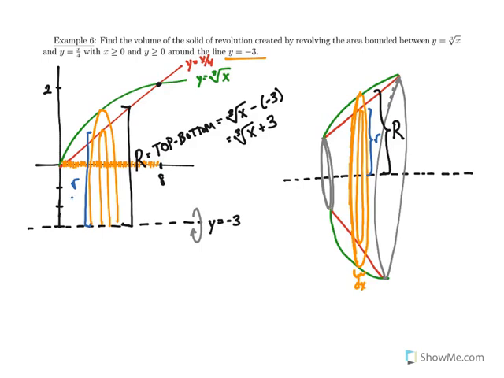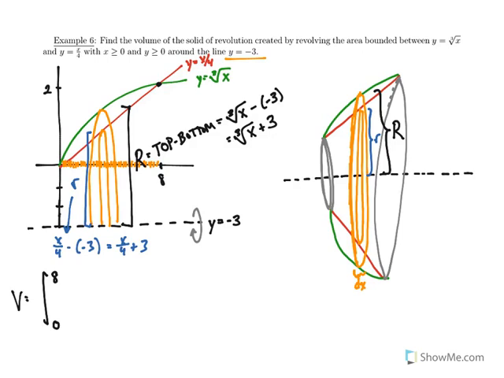And little r is going to be x over 4 minus negative 3, or x over 4 plus 3. Our volume then is going to be, for every x value in between 0 and 8, a slice.